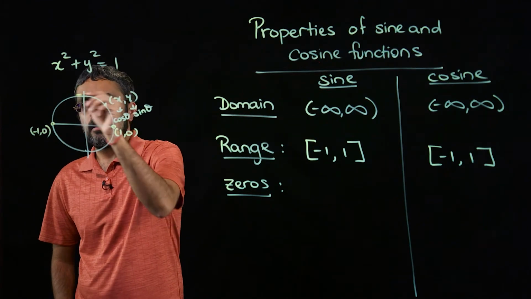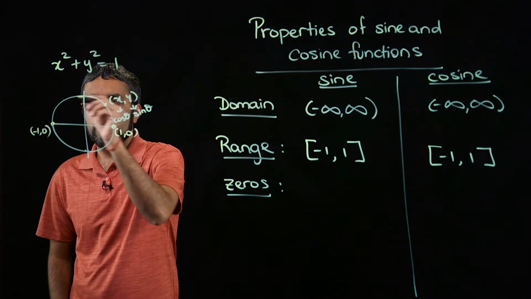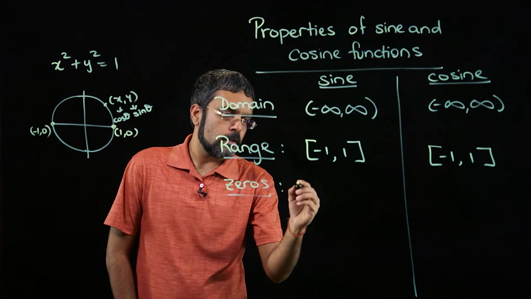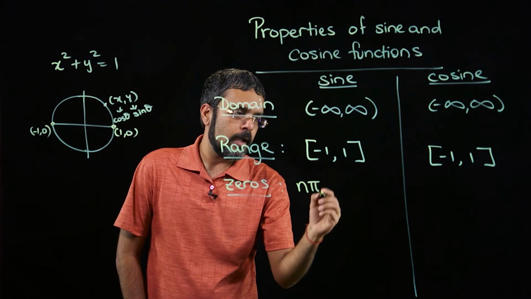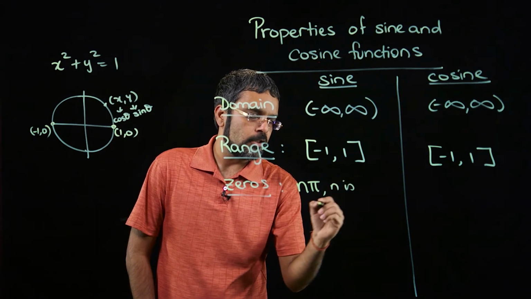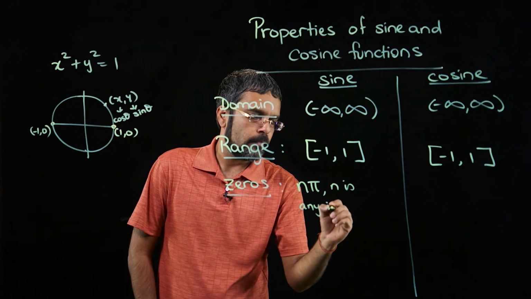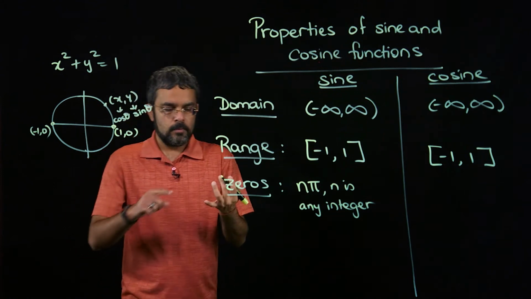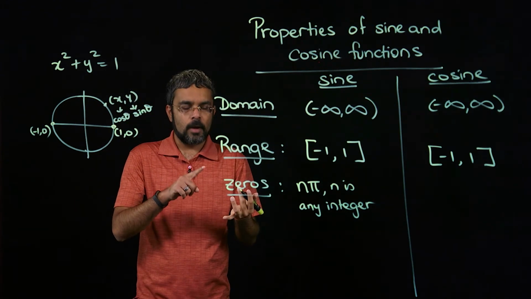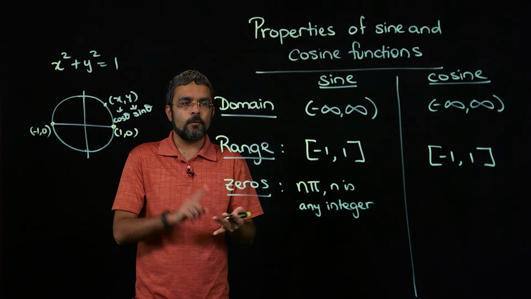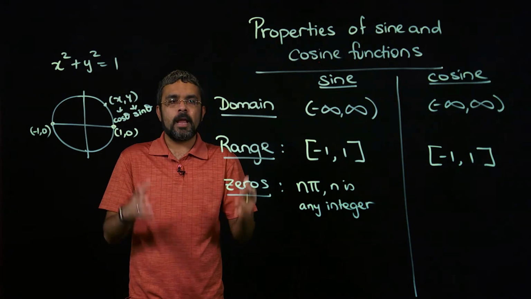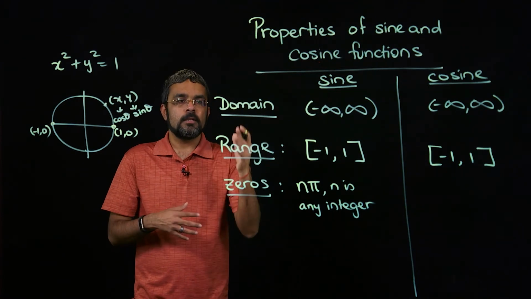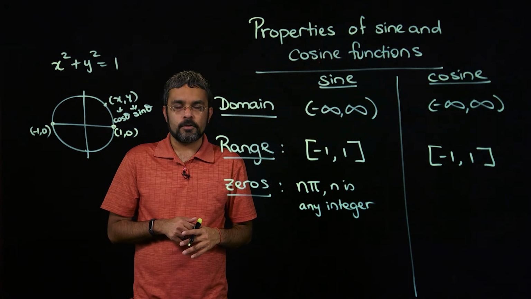Sine of 2 pi, 3 pi, 4 pi, and so on. So the zeros for the sine function are n times pi, where n is any integer. You could have negative 3 pi, negative 2 pi, negative 5 pi, 0, 4 pi, 2 pi, 3 pi. Any integer times pi is a zero for the sine function.